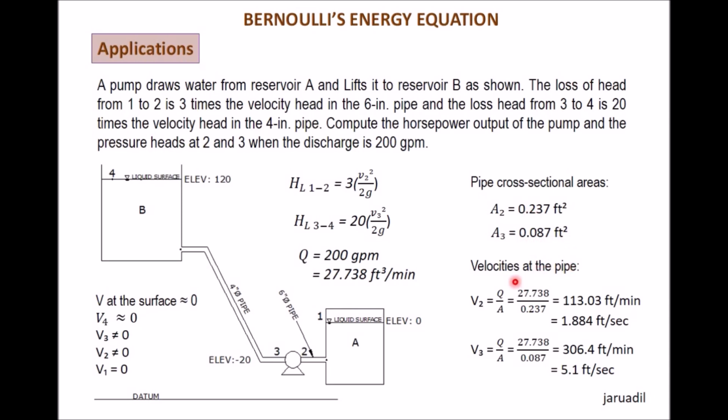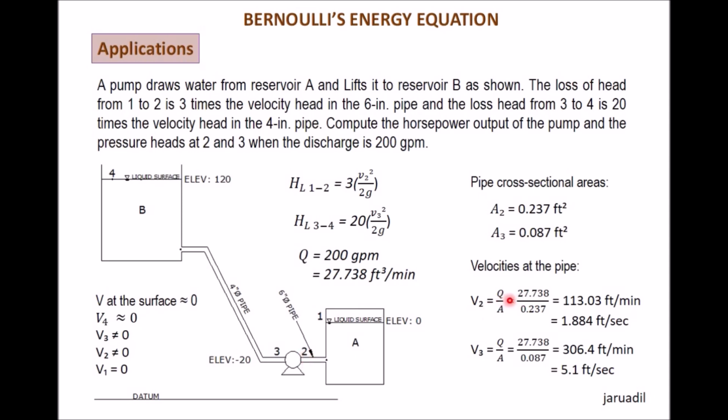Now the velocities in the pipe, given the value of Q equal to 200 GPM. So Q is equal to 27.738 cubic feet per minute. So we can compute for the velocity at point 2 inside the 6-inch pipe.